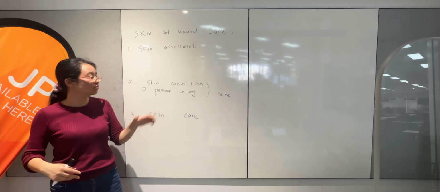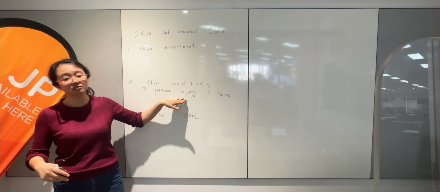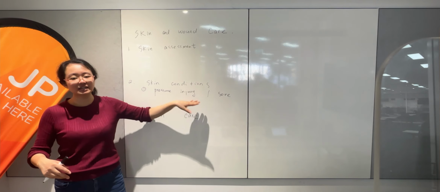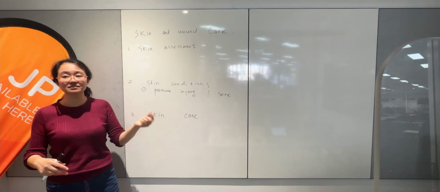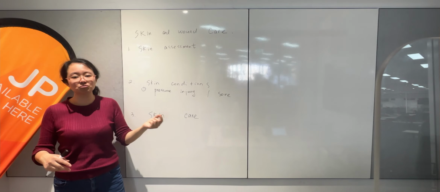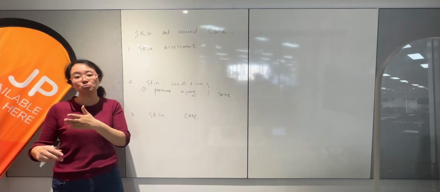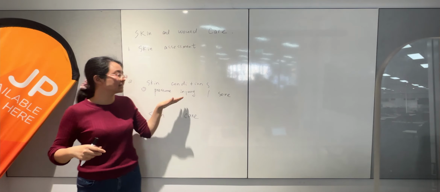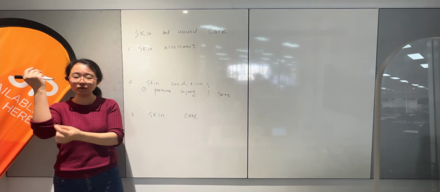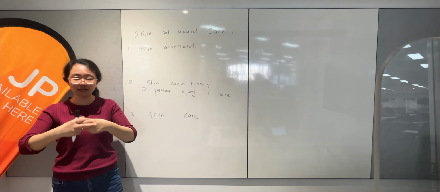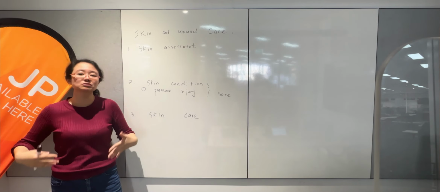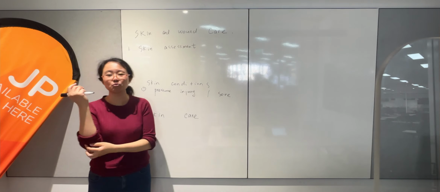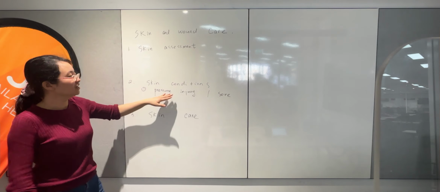So altogether, we have 4 stages. Stage 1 is the skin is still intact but just red. In stage 2 the skin starts to break down, stage 3 goes deeper and forms an ulcer, and stage 4 goes even deeper and becomes a large cavity, and the muscle and tendon will be exposed as well. It's quite deep.